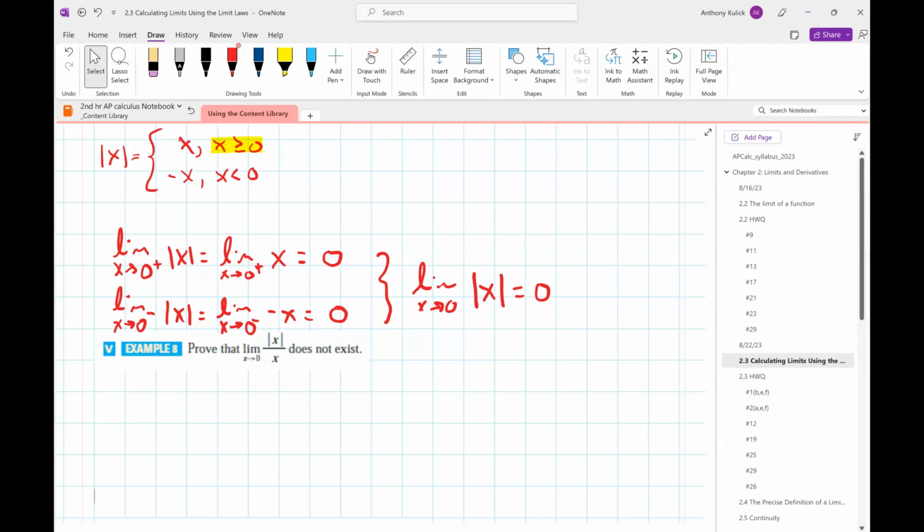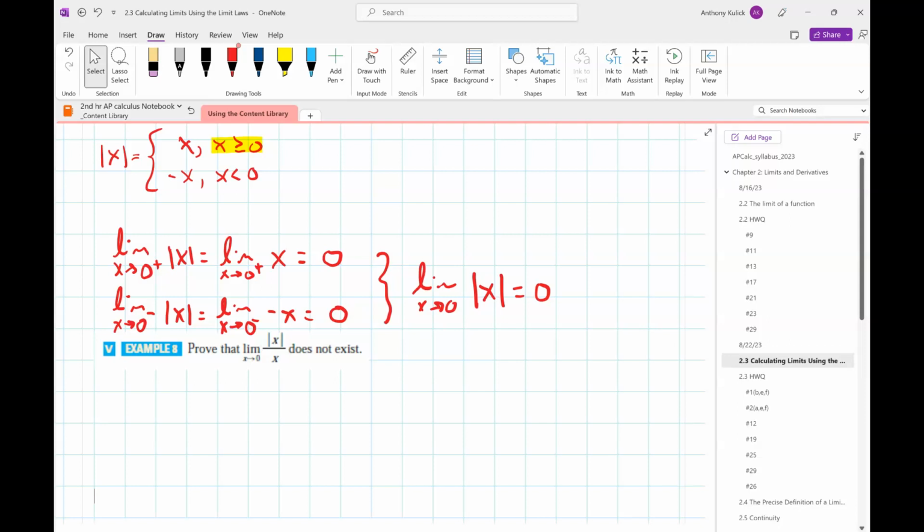And if those are both the same thing, then I know the overall limit. That's why I had to do it this way. It doesn't necessarily mean if we have to prove it, we have to do it this way. But in this case, because of the absolute value function, this was what we had to do because we didn't have another tool to use. If it was a polynomial function, you could use your limit laws, or you could use direct substitution. But we didn't have that. Does that make sense? Okay.